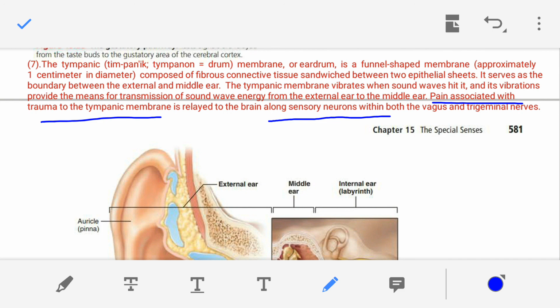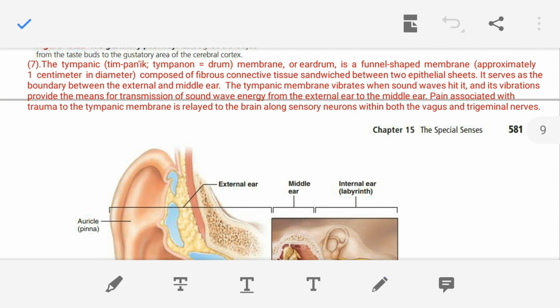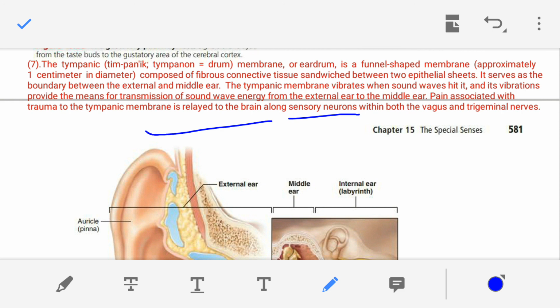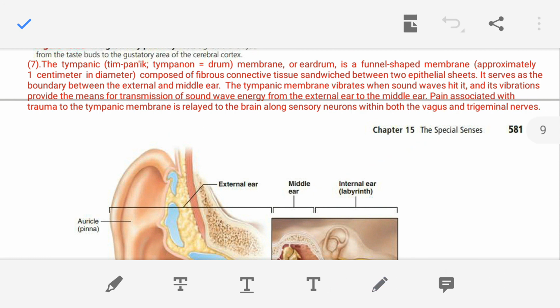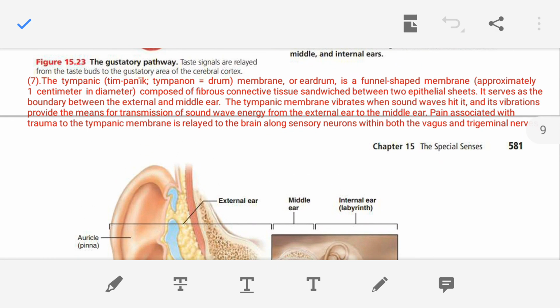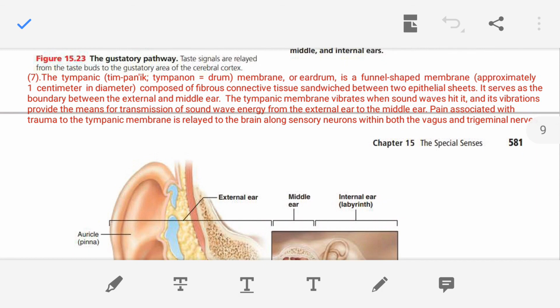They pass on the pain or trauma nerve impulse and merge with the vagus and trigeminal nerves. So the vagus and trigeminal nerves send the information regarding the pain or trauma of the tympanic membrane to the brain center. That is when we realize that there is a pain in the tympanic membrane. So this is about the role of the tympanic membrane.